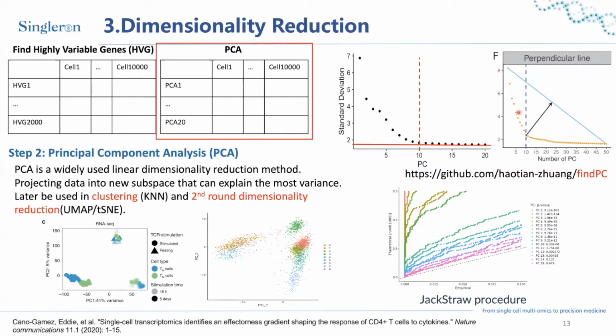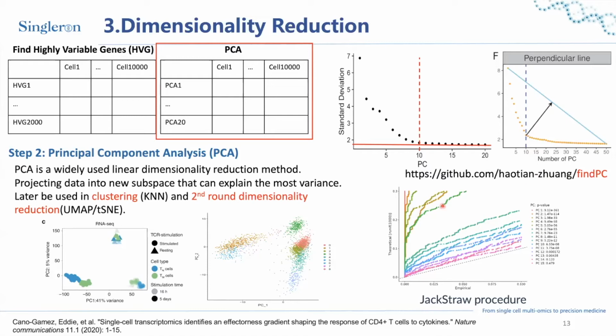It will draw an elbow plot for the top 15 PCs, draw a perpendicular line here from 1 to 50, and calculate the distance to the perpendicular line for every PC. The maximum distance from the perpendicular line will be set as the number of PCs you should use for the downstream analysis. Here it is also 10. I would suggest you look at these types of tools, and it's helpful.